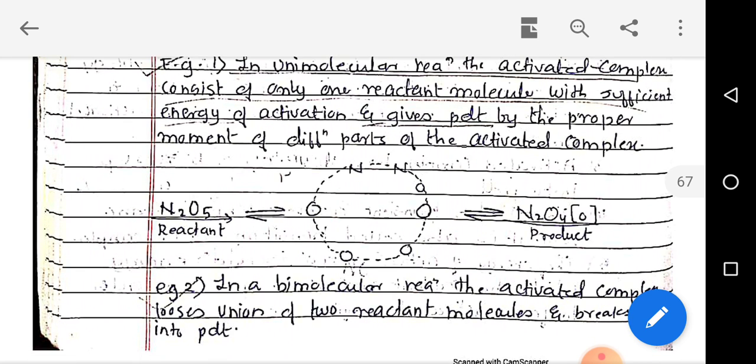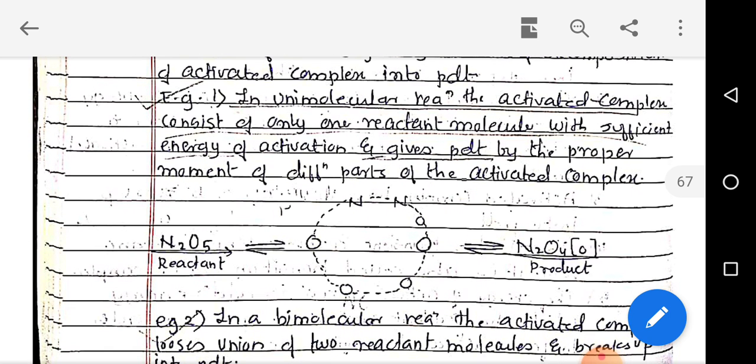The best example is N2O4 as the reacting molecule. Then there is a formation of the activated complex, ONO. In the transition state, some bonds break and some bonds form, and the product is formed with one oxygen less. This is all about unimolecular reactions.